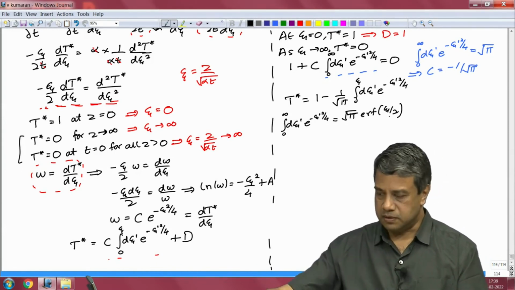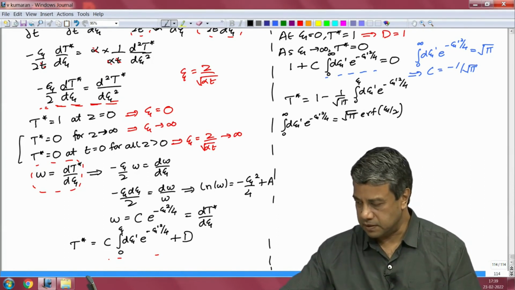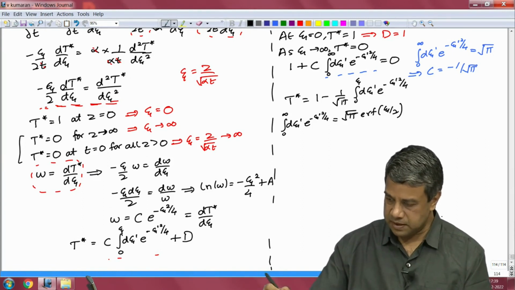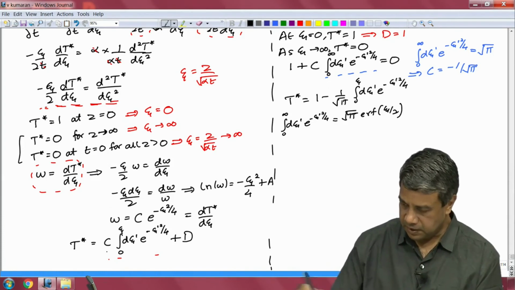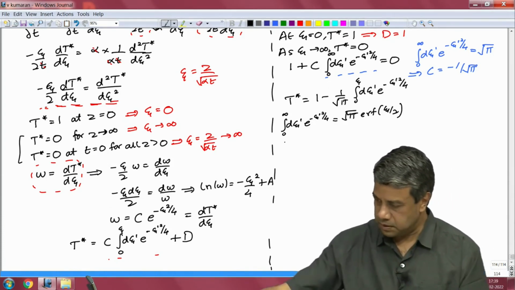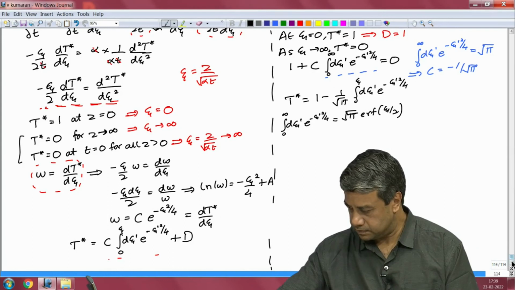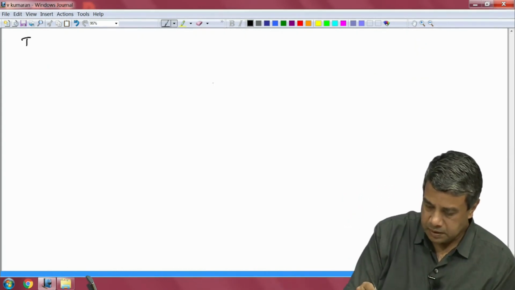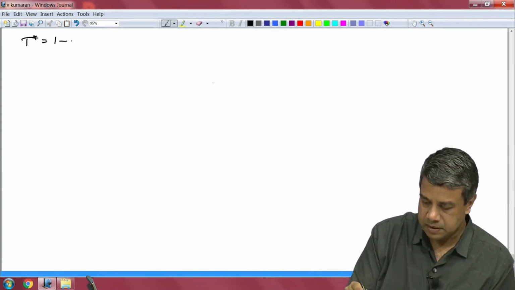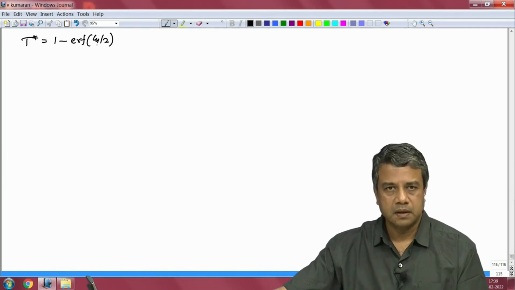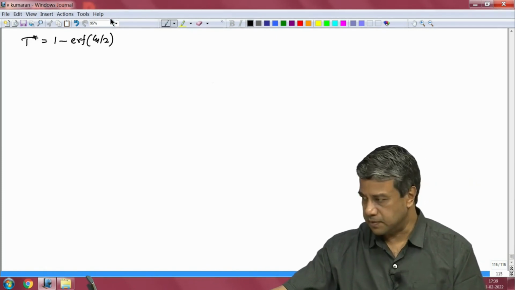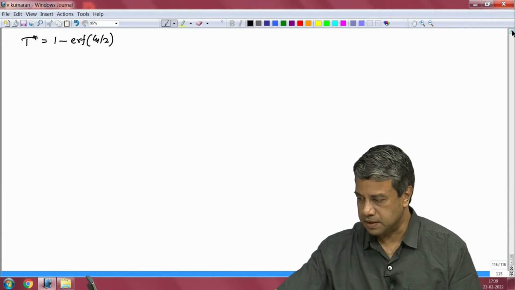And in terms of this error function, I get a final expression for the temperature: t star is equal to 1 minus error function of psi by 2.